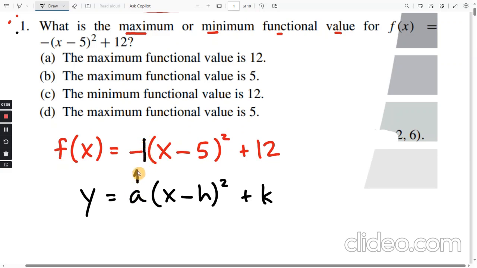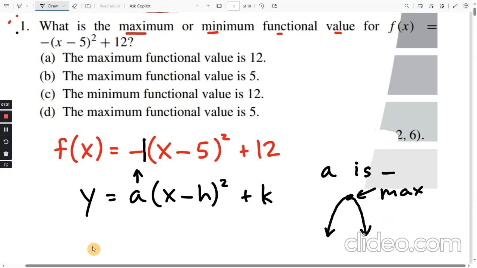So the value of a is negative 1. If a is negative, that means the parabola opens down. If it's positive, it opens up, but if a is negative, it opens down, and that vertex point is going to be a maximum.